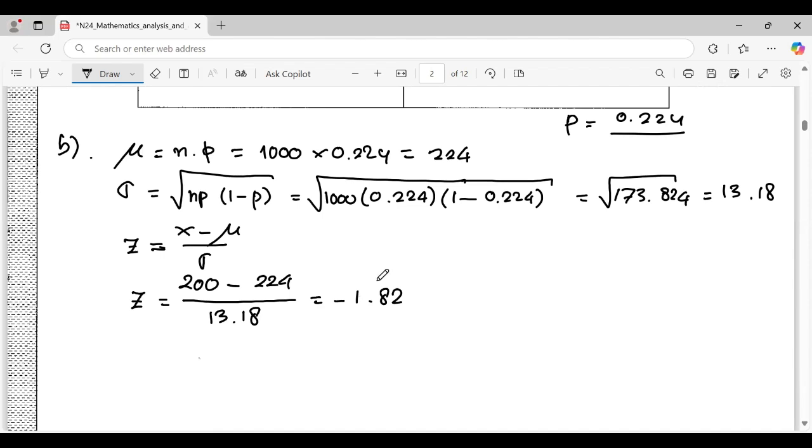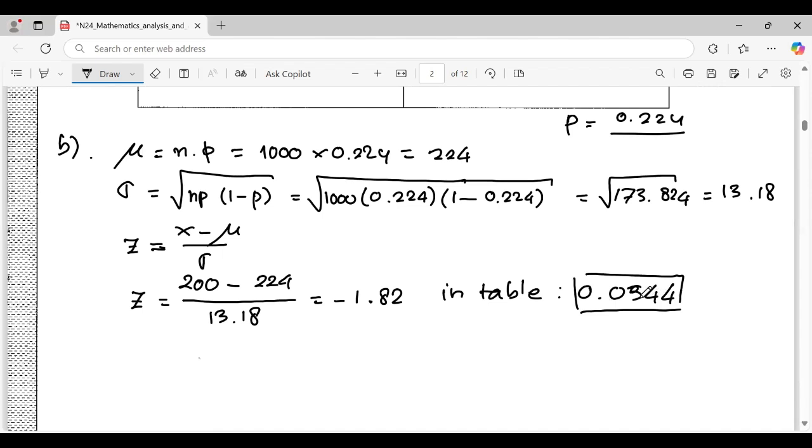A z-score of minus 1.82 corresponds to a cumulative probability of approximately 0.0344 in the table.